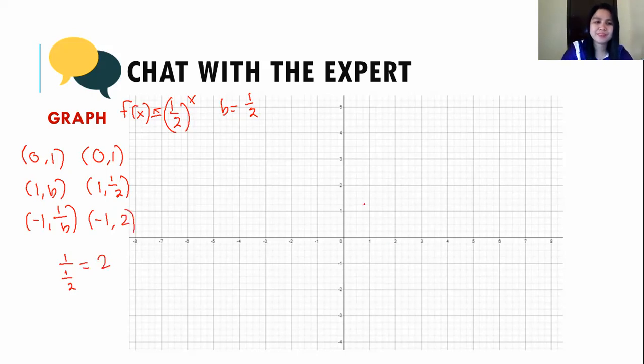So let's plot 0, 1, 1, 1/2, and negative 1, 2. Connect the dots and be sure it will never cross the x-axis. Don't forget to place arrows on the ends, because it means that our graph does not end there. It continues rapidly. Any questions?